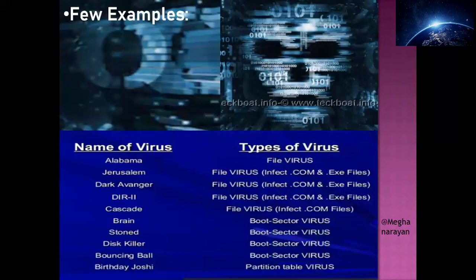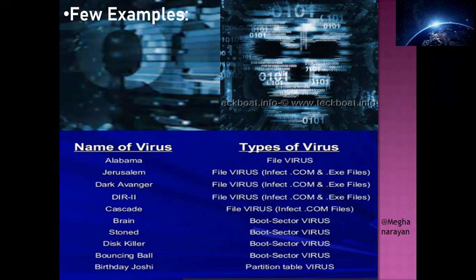So let's move to few of the examples. Here are two columns provided. One of them is name of virus, another one is type of virus. As you can see on the screen, these two columns depict different types of the viruses, giving you various examples. The first is name of virus. This also has many names, you can see Cascade, Brain, Disk Killer, Birthday, Joshi, etc. On the right side, you can see type of virus.